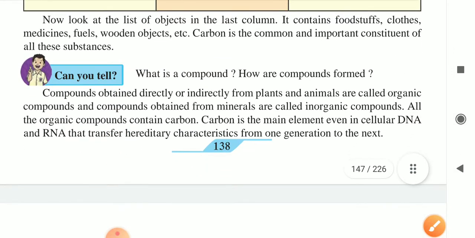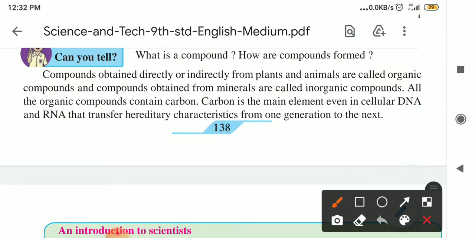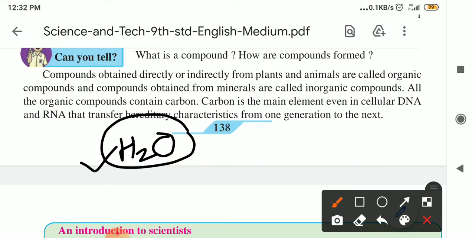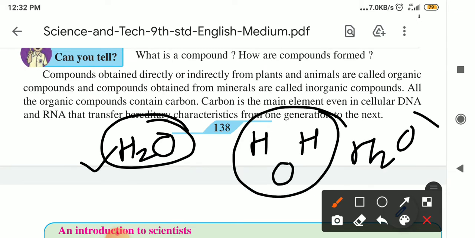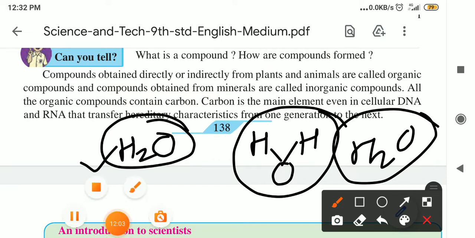Now what is a compound and how are compounds formed? For example, if you see H2O, how is this H2O formed? Water is a compound. If you see the molecular formula of water, you will notice that 2 hydrogen atoms and 1 oxygen atom come together, and what does it form? That is the water molecule. So this water has 3 atoms: 2 are hydrogen and 1 is oxygen.